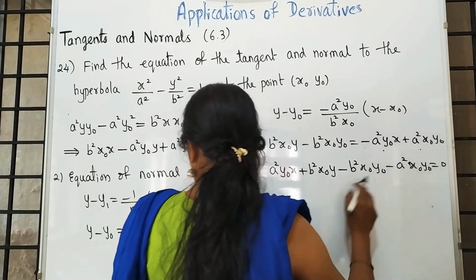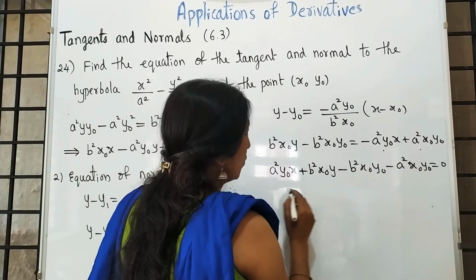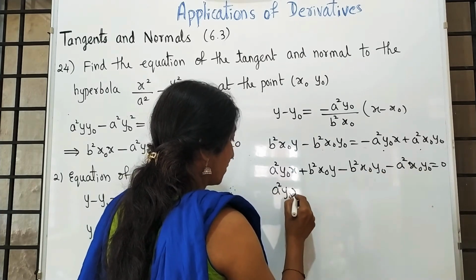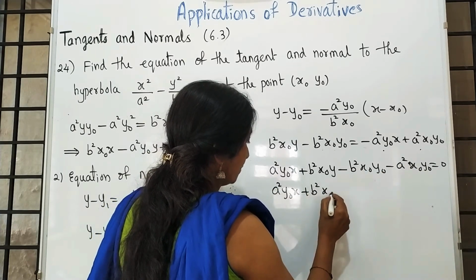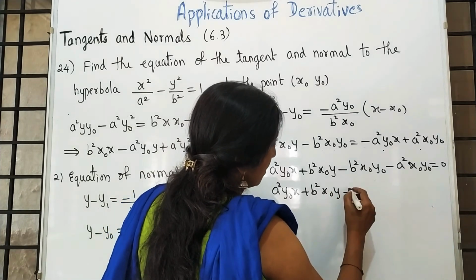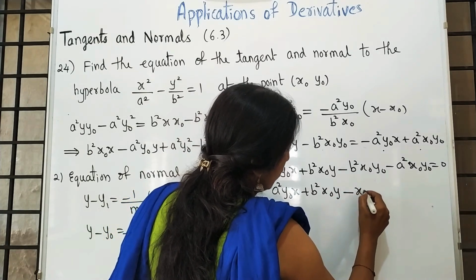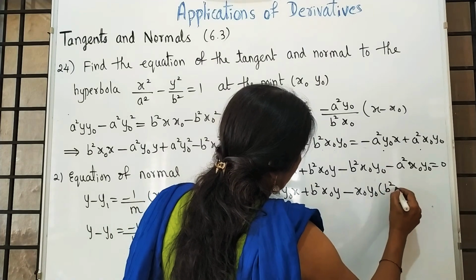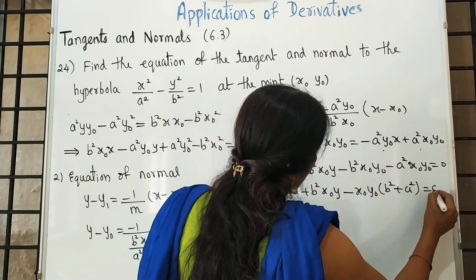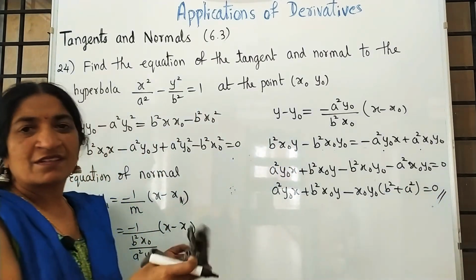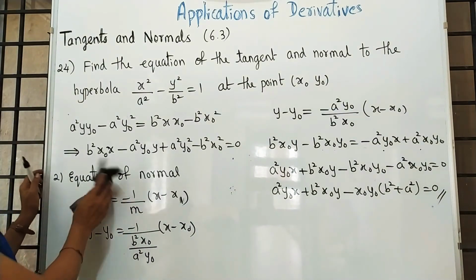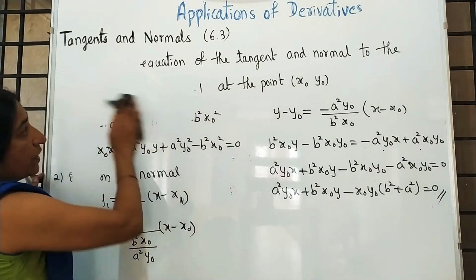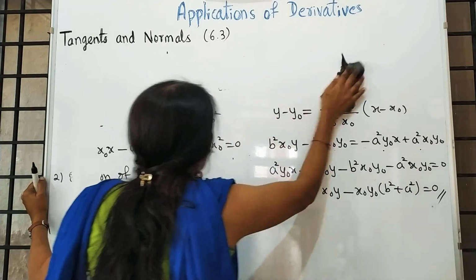If you want, you can write one more step, minus x naught y naught common in the bracket b square plus a square is equal to 0. Just differentiation, finding the slope, and we have to find the equation of tangent and equation of normal.